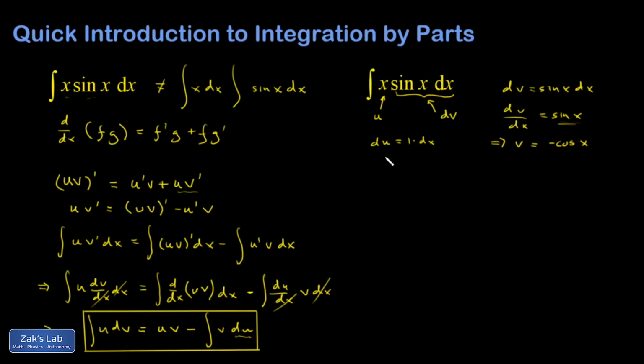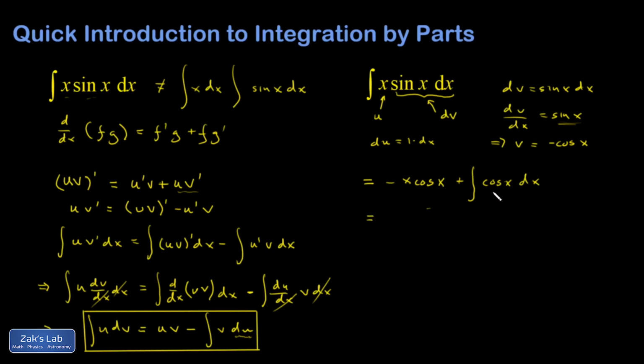So then let's plug in to integration by parts. I end up with uv, so that's x and a negative cosine x, or negative x cosine x, minus the integral of v du, which is negative cosine x. I'll pull out the factor of negative 1, du, which is just dx.